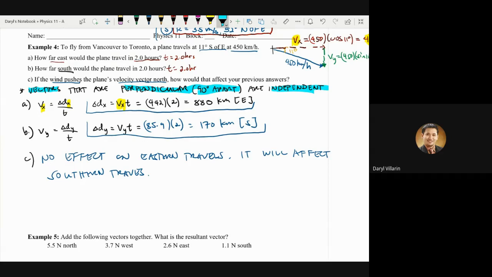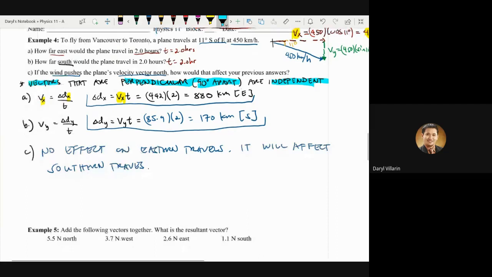So that means that the y component of the velocity only affects the y component, like the displacement or the velocity, but the x component only affects the x component also, if you're talking about the velocity or its displacement.